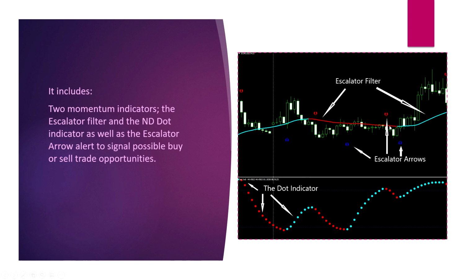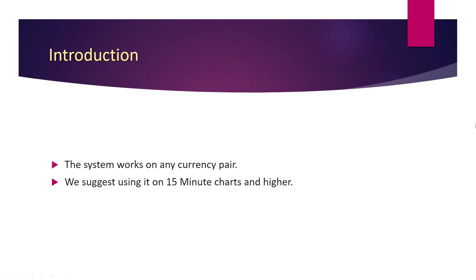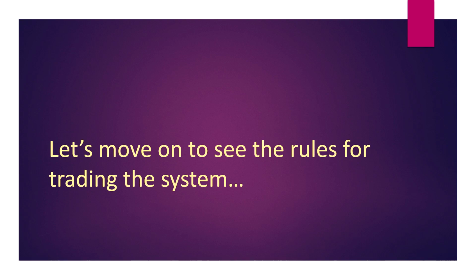So it's simple, only 3 indicators. The system works on any currency pair. We suggest using it on 15-minute charts and higher. Let's move on to see the rules for trading the system.